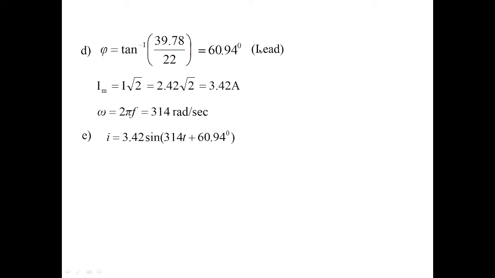This is the lead, that is why we have taken plus 60.94 inside the current equation. So this is how you calculate the current values, angle values, and estimate the instantaneous current equation for an RC circuit.